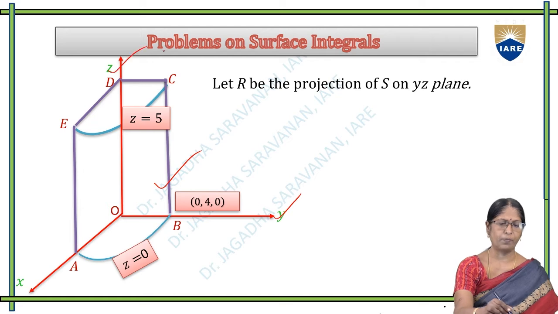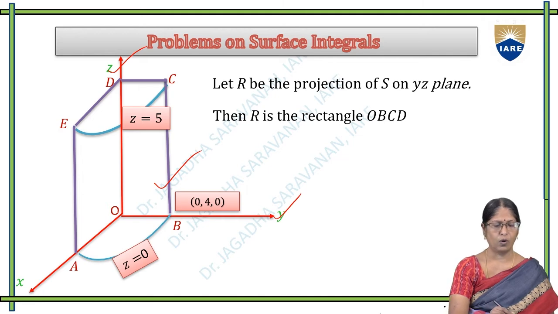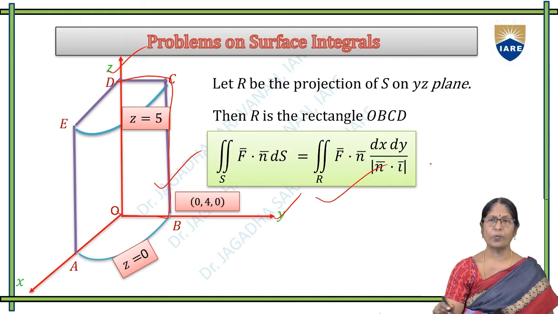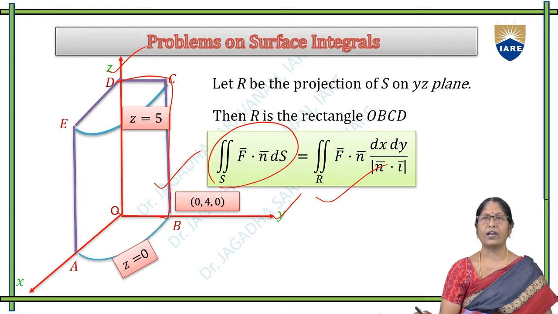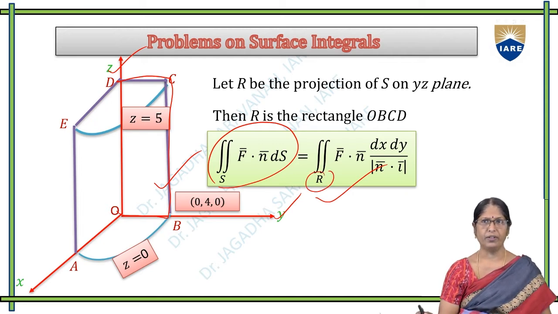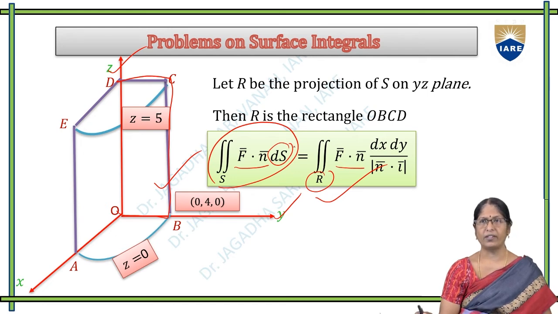So here the YZ plane is there, the YZ plane is O, B, C, D. This is the formula for surface integral: double integral over S of f dot n dS is equal to double integral over R, where R is the region, of f dot n, written as it is, and dS we can write as dx dy divided by modulus of n dot i.